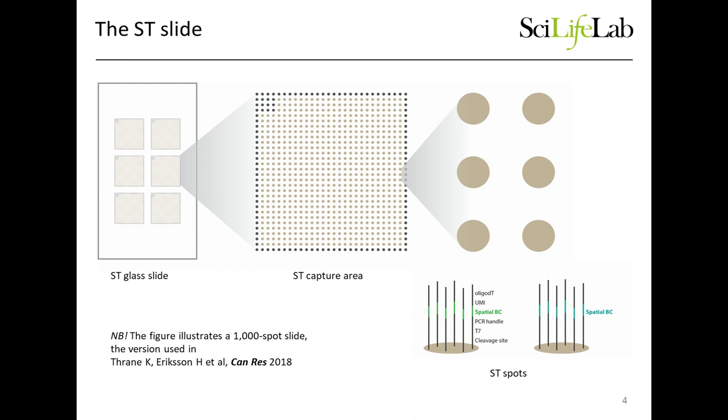A spot is a cluster of millions of immobilized oligo-dT primers. These have a spatial barcode that is unique for each spot, and additionally, they all have a cleavage site, a T7 promoter, PCR handle, and a unique molecular identifier, or a UMI. The structure of the primers is a little different in the 10x Genomics Visium, but the concept with the spatial barcode is the same.